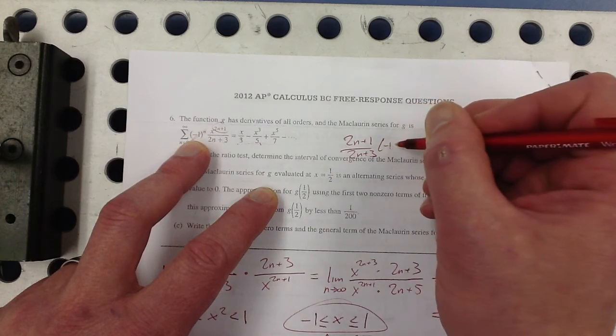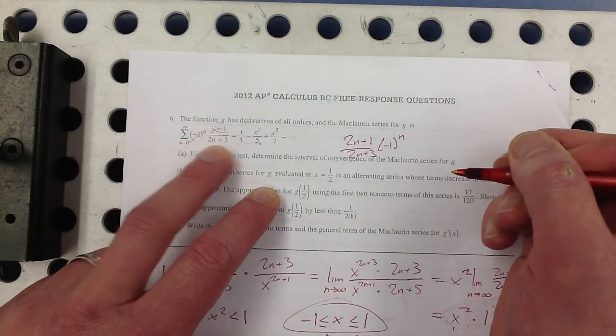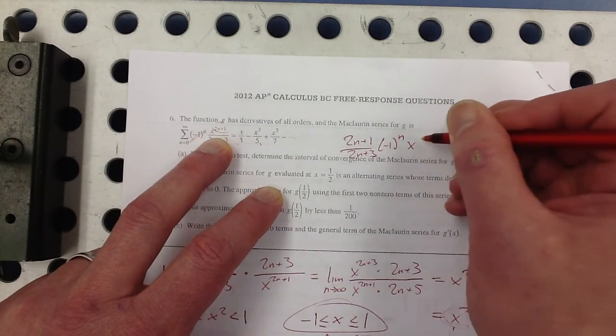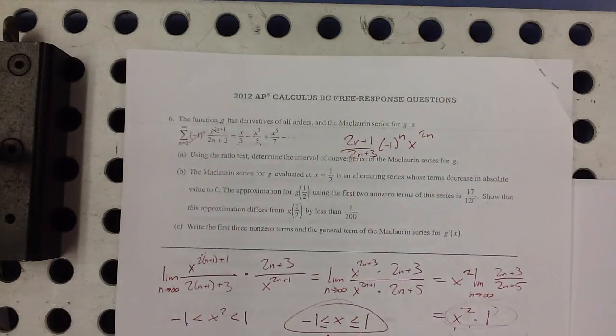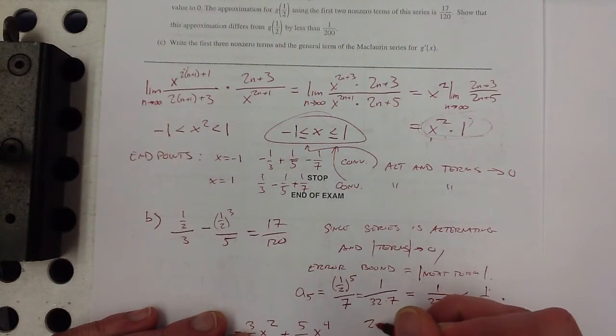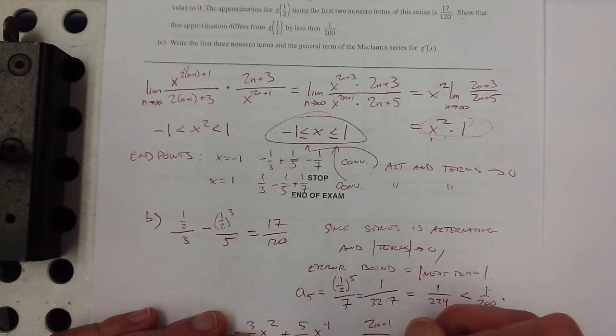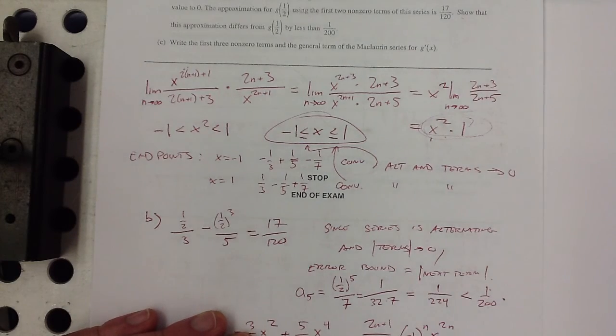The negative 1 to the n, flip-flopper, is still going to be there. And then the exponent drops 1 times x to the 2n. That's it. Just use your power rule on that. So 2n plus 1 over 2n plus 3. There's your sign flipper. x to the 2n, because we subtracted 1 from the exponent.